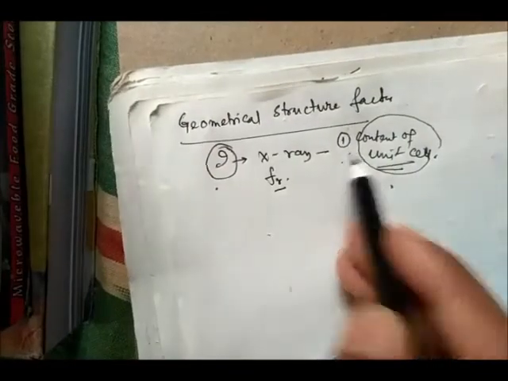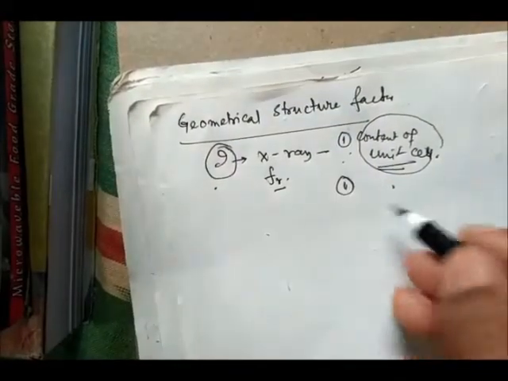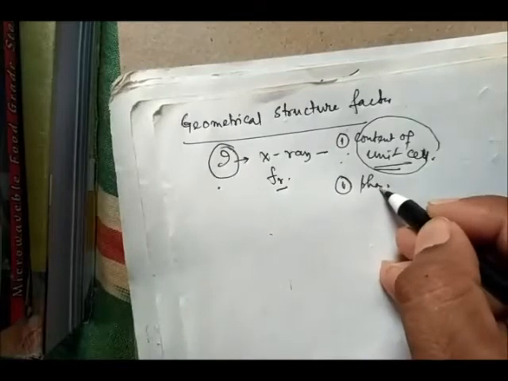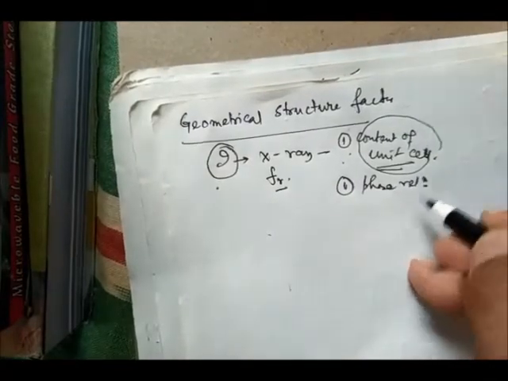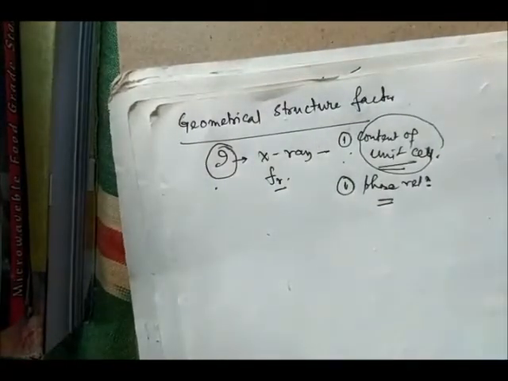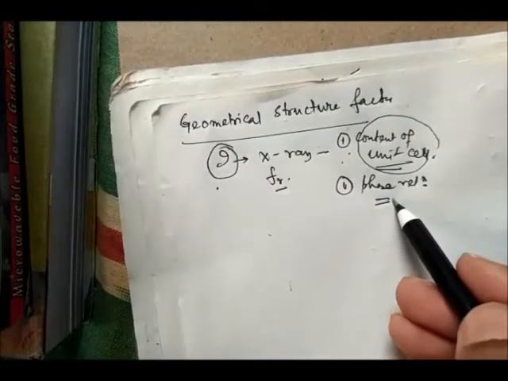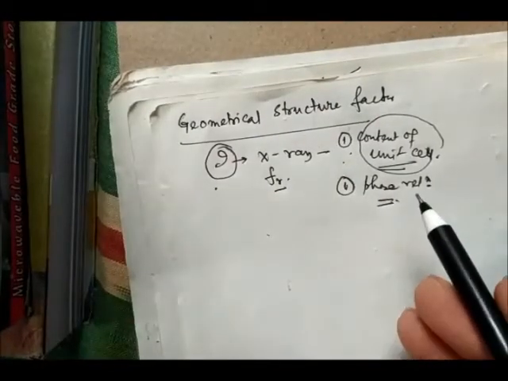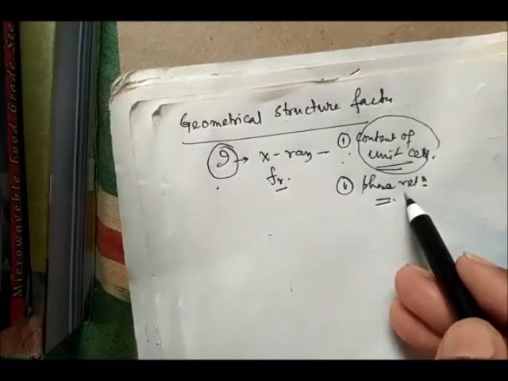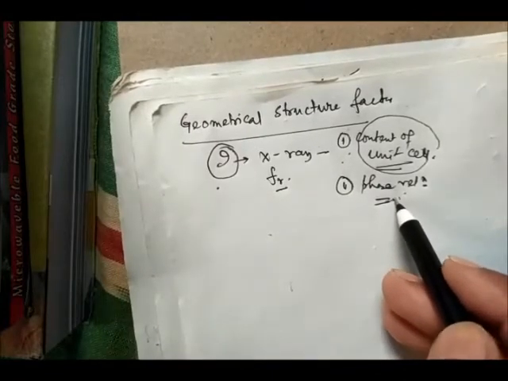So first is content, and the second is the phase relationship among the different scattered radiation that are coming from different atoms in a crystal.